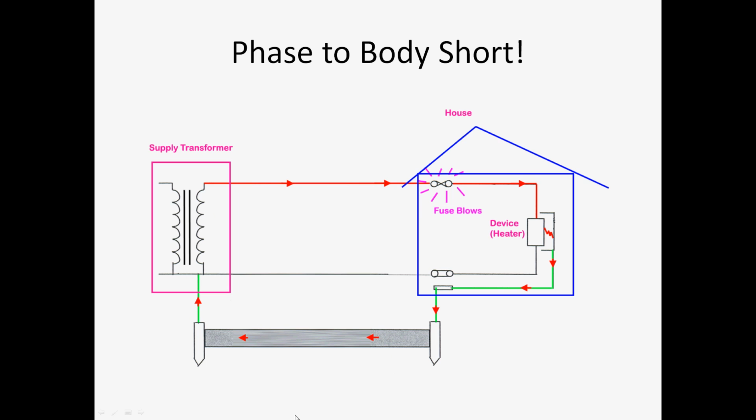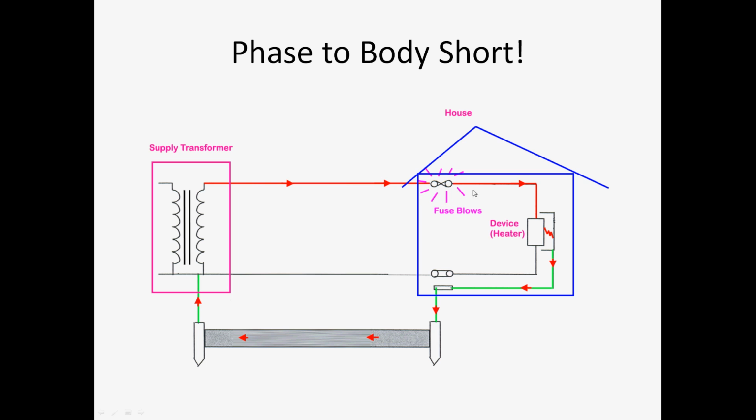Assuming a sufficient amount of current flows, the fuse will blow, and thus this part will be isolated. So even if somebody touches it, he will feel no shock because there is no supply reaching this point. But the condition for this is that the current should be large enough to blow the fuse.